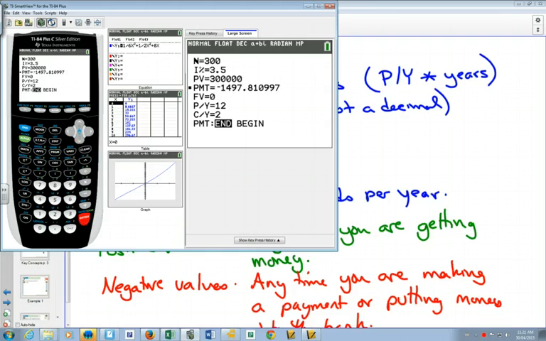They're just under $1,500. Okay? And now if we take that and multiply that by 300, 449. So you're saving yourself about $30,000 with a 0.5%, which is significant. Okay?